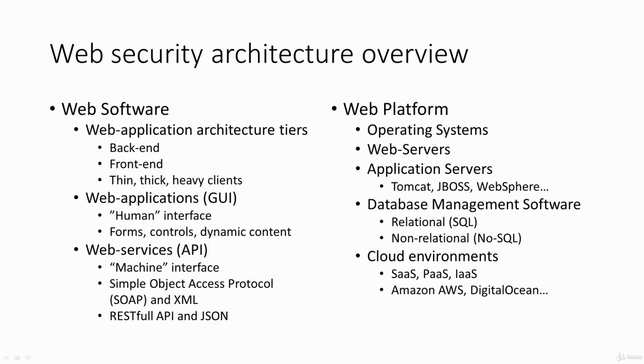And there is the other way to connect with the outside world for the web application. It's the application programming interface, API. It's more of a machine interface. So in this case, the front end is normally called a web service, and it assumes that some other application will be connecting to the API.